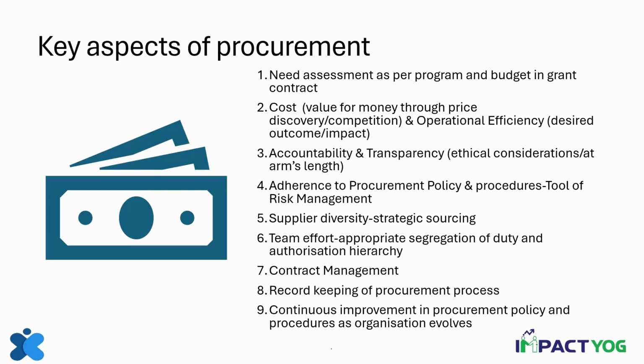So what is procurement? I mean, half, or maybe 60% of our total grant contracts is procurement, or even more, I would say. Okay, because we are not including HR as procurement, although human resource is also part of procurement, but we are not talking of procurement of human resources. If we were to look at our budgets generally, then out of 100 rupees you will have 30 rupees of HR cost, just typically I'm saying.